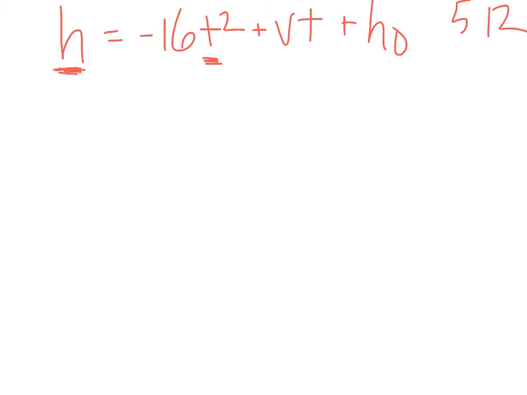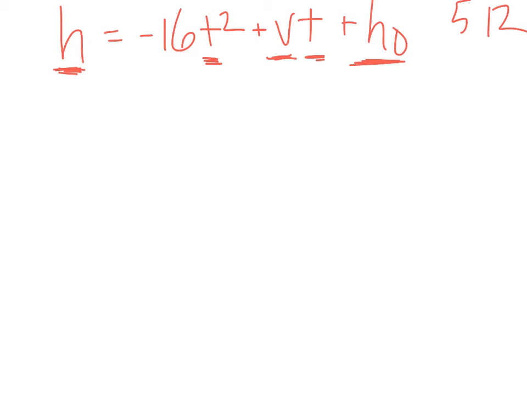T is time. V is your initial velocity, and then this H0 thing, that is the initial height. And it should make sense if you look at it, because you think about as the velocity covers a time from an initial height, you start losing height as you go.